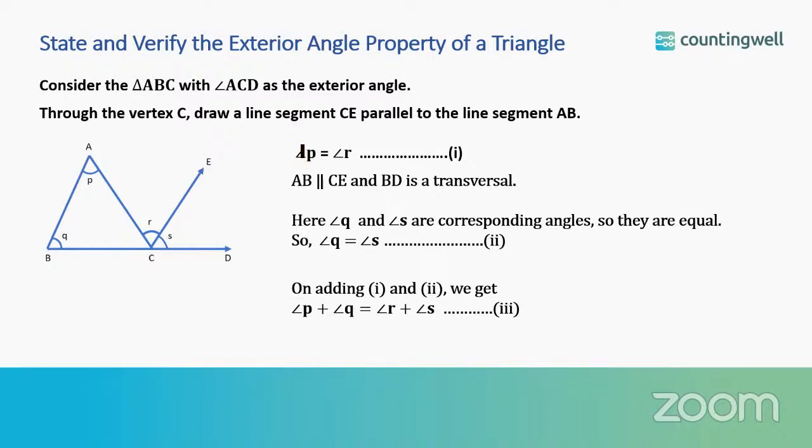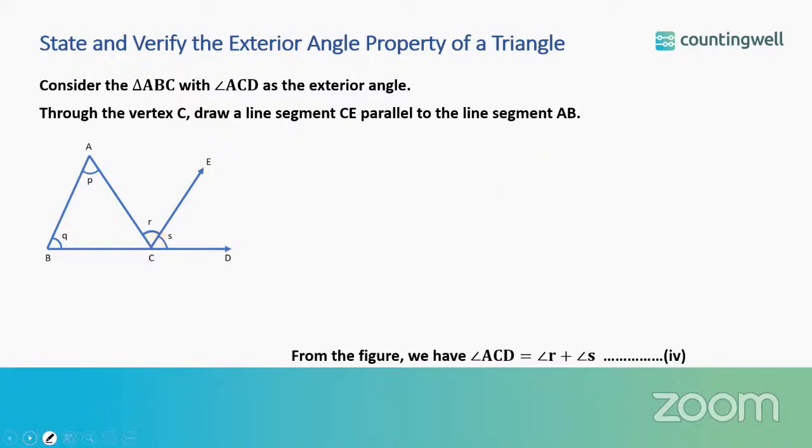Now what we are going to do, we are going to add equation 1 and equation 2. So LHS of the first equation to be added to the LHS of the second equation, RHS of the first equation to be added to the RHS of the second equation. So we have angle P plus angle Q is equal to angle R plus angle S. What is the angle R plus angle S?